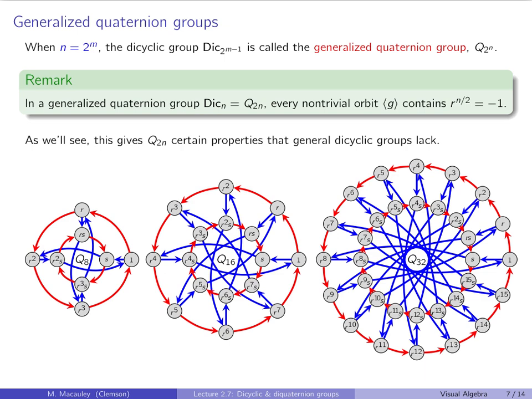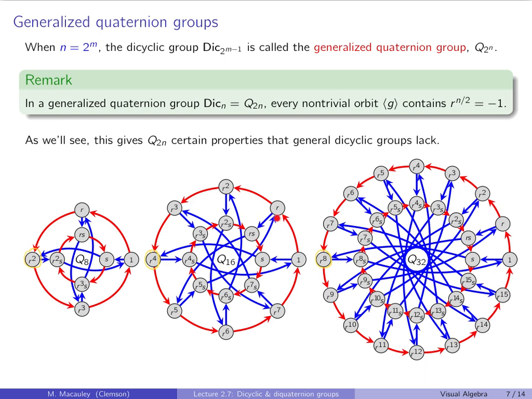And much of this boils down to the following fact, that in a generalized quaternion group, Q_{2^n}, or dic n, when n is a power of 2, every non-trivial orbit contains r^(n/2), which is -1. So here are 3 examples, and -1 is this element over here. And we've already discussed that all of the elements along this vertical line have order 4 because their square is -1. So we know that all of the orbits that contain these contain a -1, or orbits generated by these.